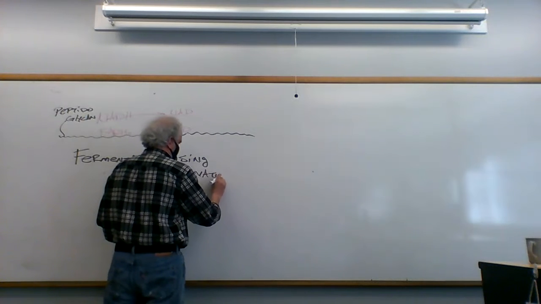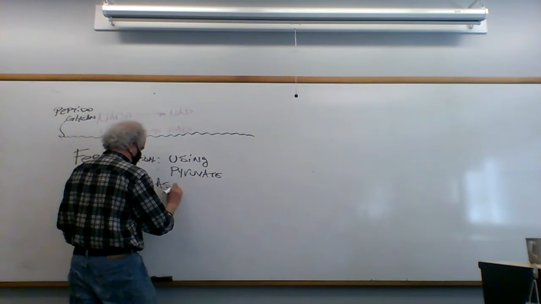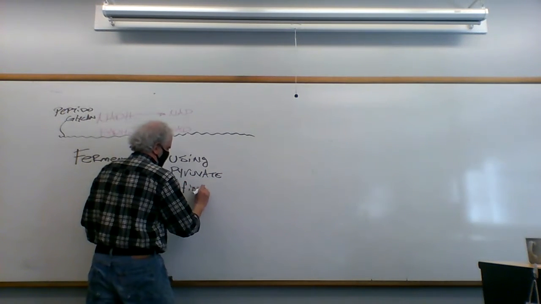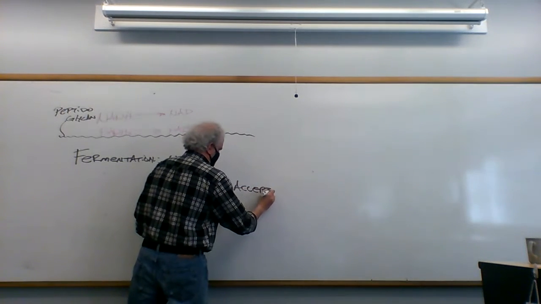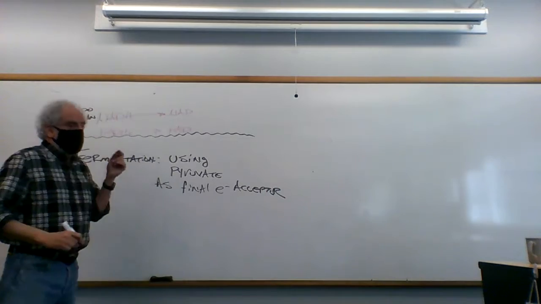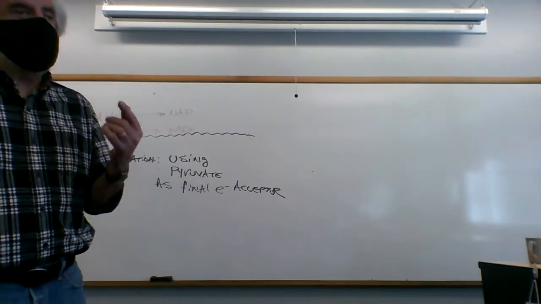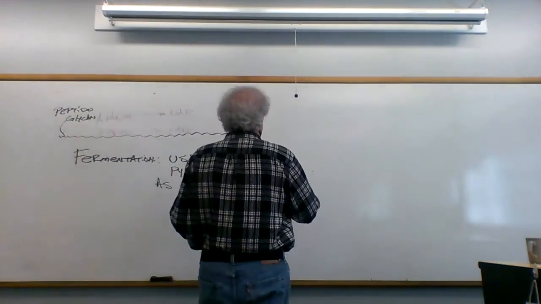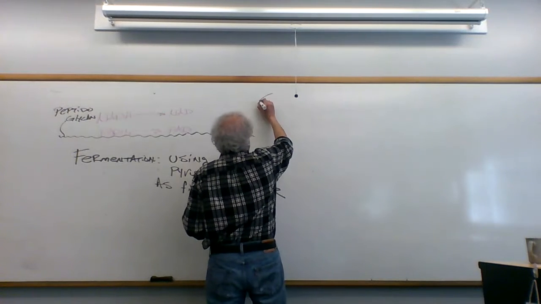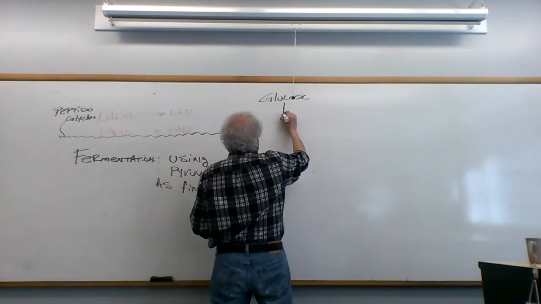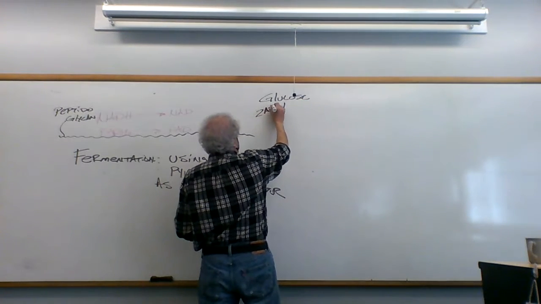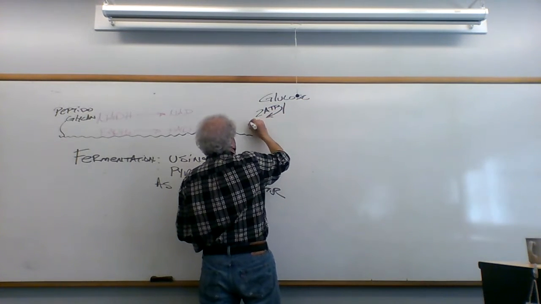Now you may or may not remember where pyruvate was. So pyruvate is the end result of glycolysis. Let's just go back through that real fast. We have the glucose molecule. We're going to add 2 phosphates from 2 ATPs.